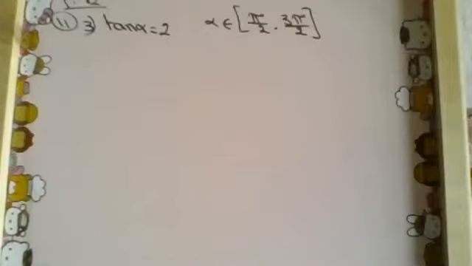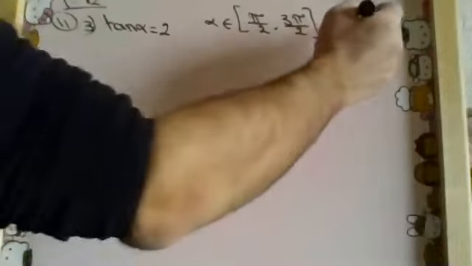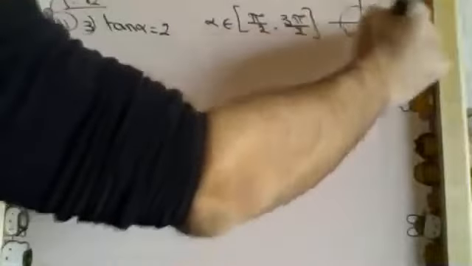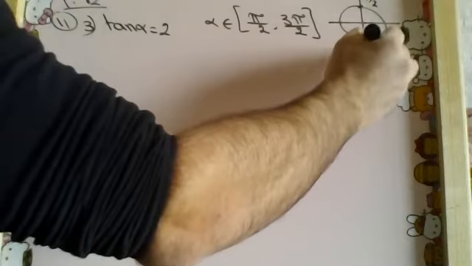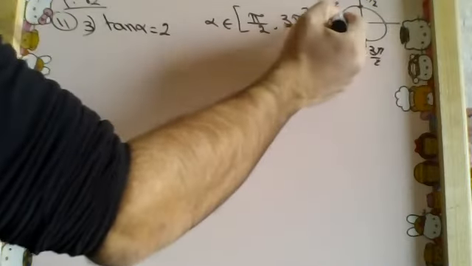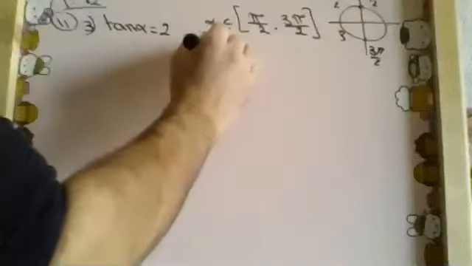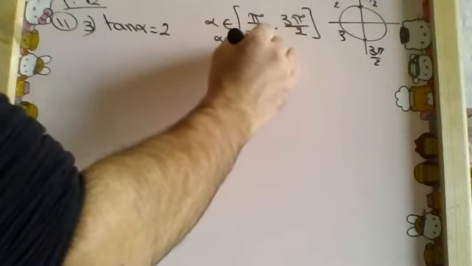First, alpha belongs to quadrant 2 or quadrant 3 according to the interval. Pi over 2 is here, 3 pi over 2. So alpha belongs to quadrants 2 or 3.